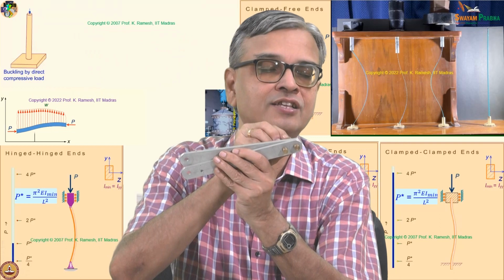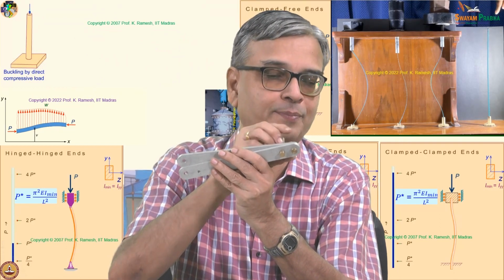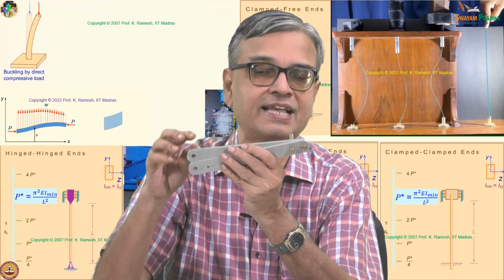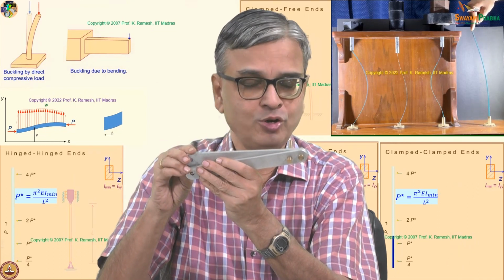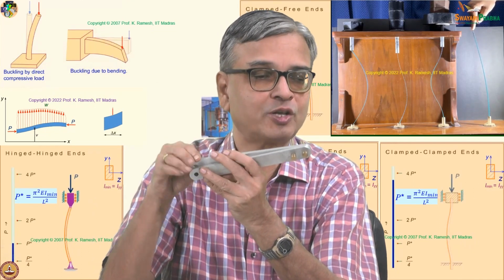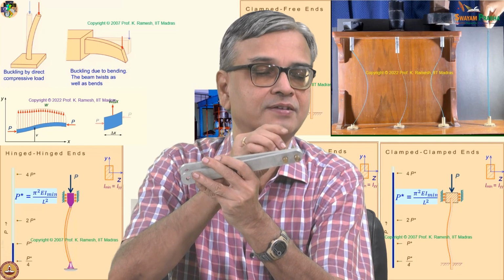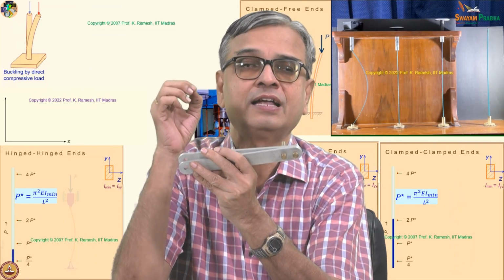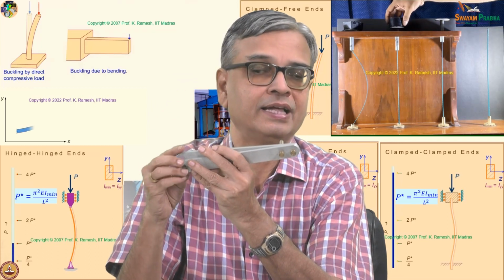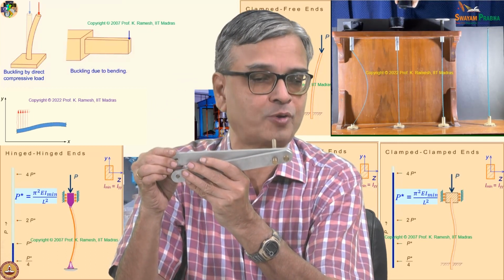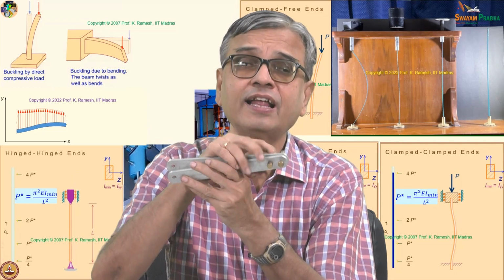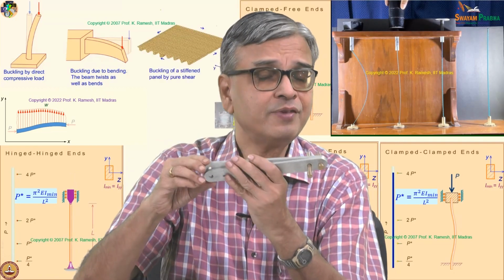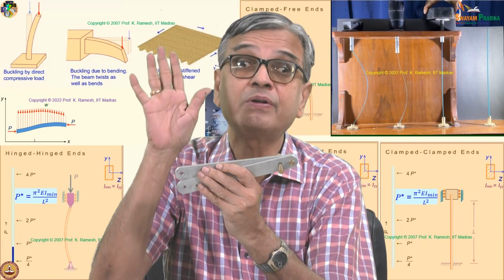The pin is not of the same size as the hole. Even with a pin of the same size, I am able to have some rotation. That is because the pin diameter is smaller than the hole diameter. Suppose I have a properly made pin, even this rotation is not possible. In other words, when I have even two pins, it prevents rotation.